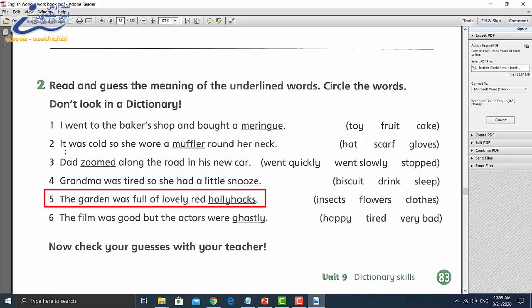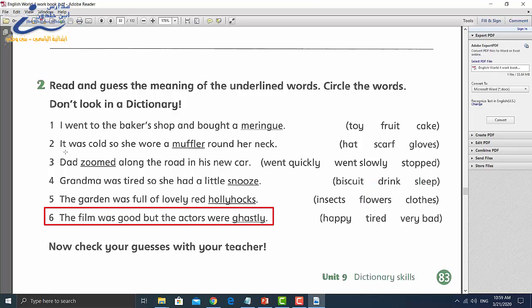Insects? Flowers? Clothes? Yes, flowers. Number 6. The film was good, but the actors were ghastly. What's meant by ghastly? Yes, it won't be happy, it won't be tired, it's very bad.